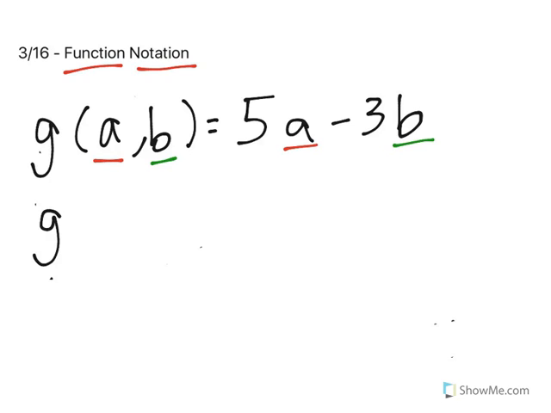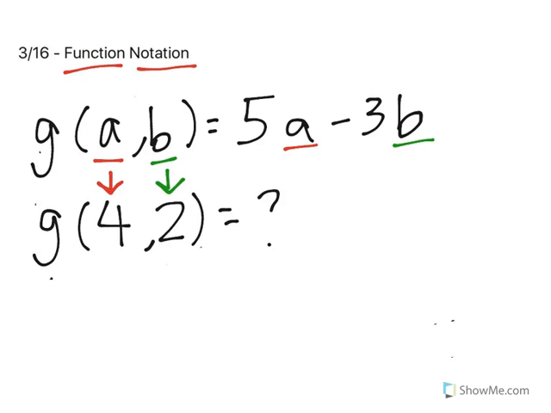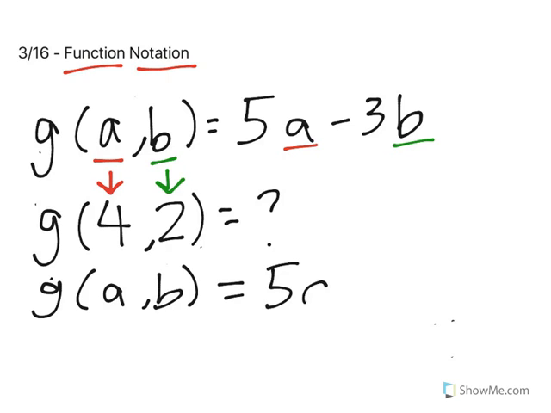The question wants us to figure out what is g of 4, 2. So we should notice that in this problem, a is 4 and b is 2. So once again, let's write our function out again. g of a, b is equal to 5a minus 3b.